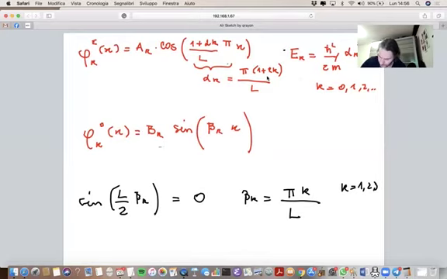And therefore, the energy was h bar squared divided by 2m beta k squared, with k equal 1, 2, 3.